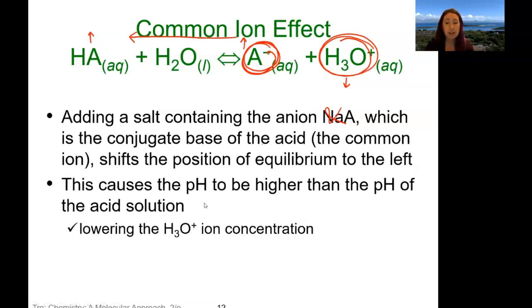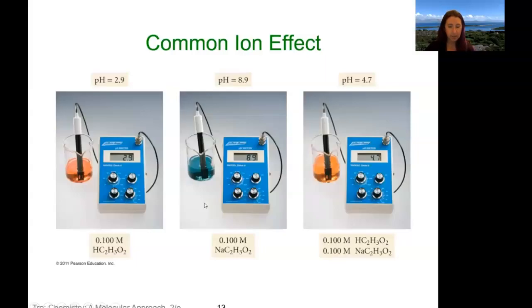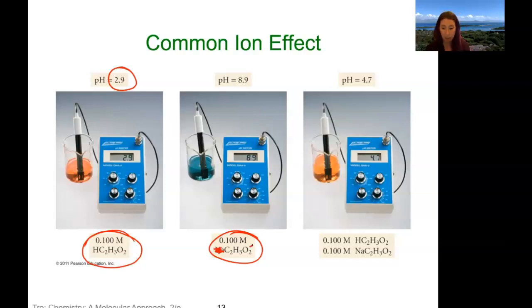So let's look at this. Here's what a buffer does. Here we have just a 0.1 molar acetic acid solution. Its pH is 2.9. Here we have, and again, this Na means nothing to us. This is what we see. We just see the conjugate base, right?